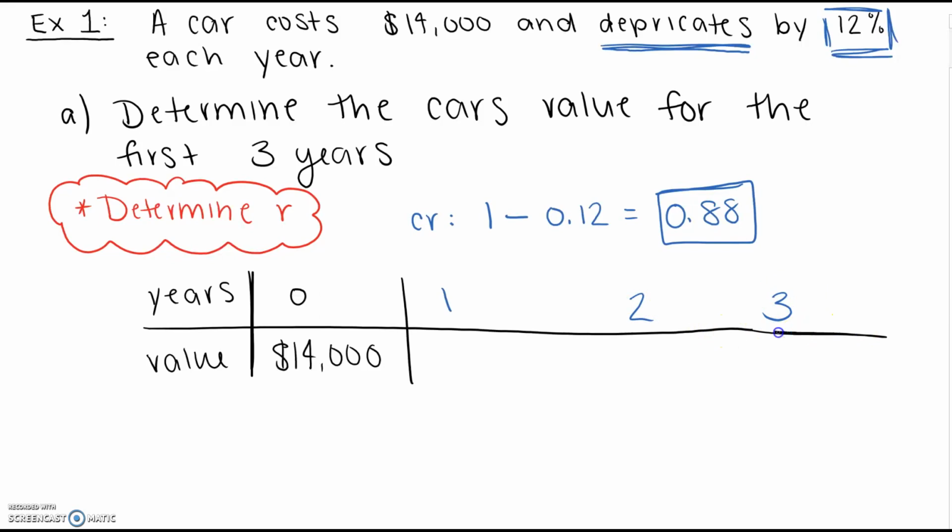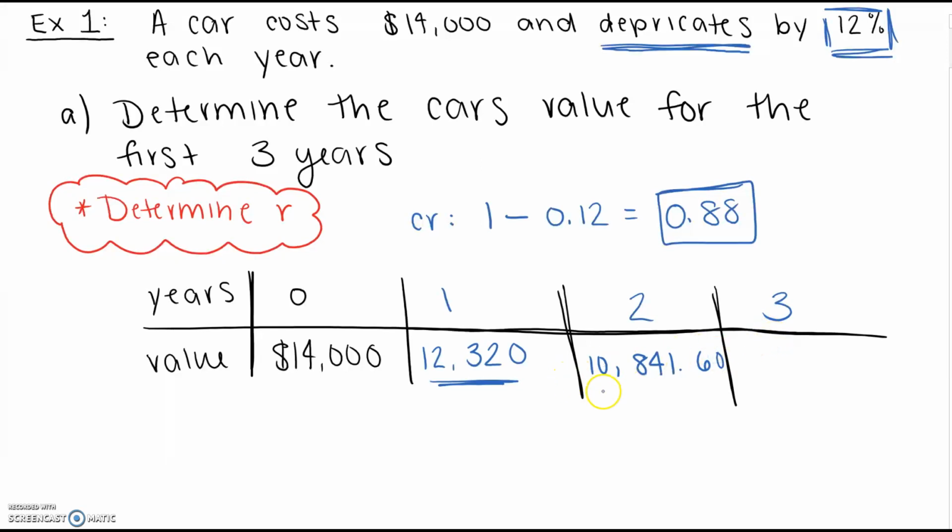To figure that out, we are just going to multiply. So 14,000 times 0.88 gives us 12,320. So after 2 years, we take this value and multiply it by 0.88, and we should get $10,841.60.